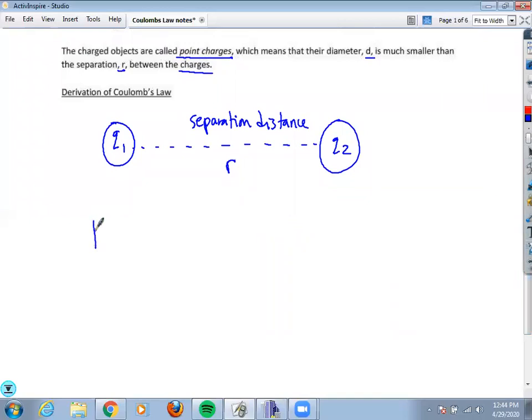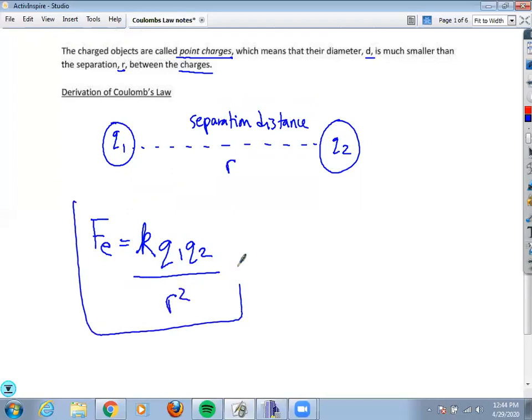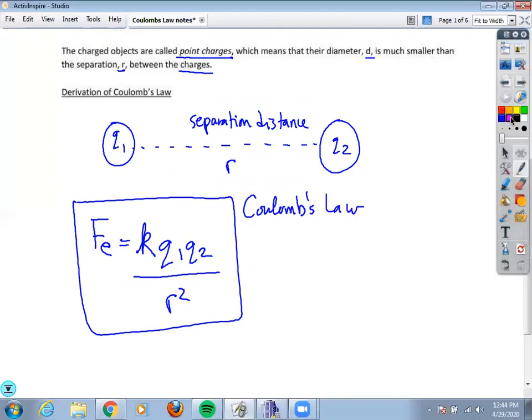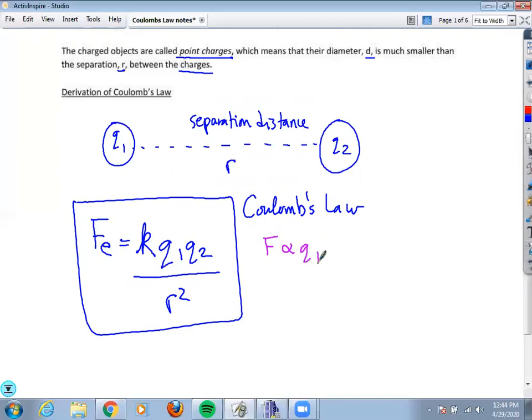So his law states this: the electric force between two charged objects is equal to some constant k times Q1 times Q2 divided by the square of the distance. So this is Coulomb's law. Note that the electric force is directly proportional to Q1.